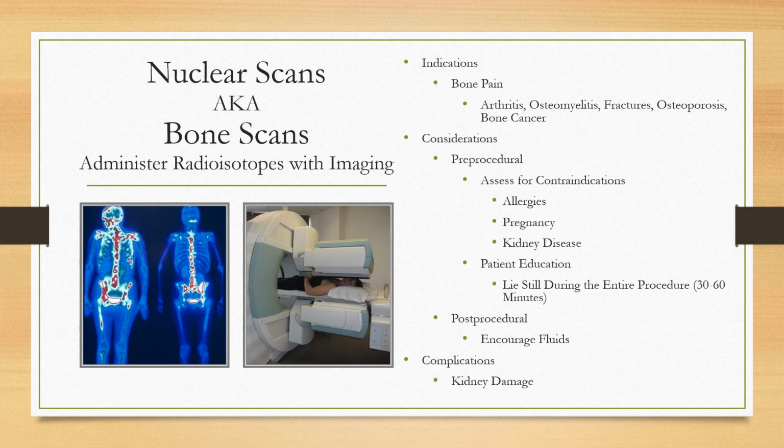Now, if we're just looking for a wrist fracture that we can't seem to find on X-ray, then they'll do a bone scan of the wrist. They won't do the whole skeletal system. But you can see in this image, they're getting the entire skeletal system. And often a patient that has cancer and we're looking for metastatic spread to the bones, they'll get a full bone scan of the entire skeletal system.